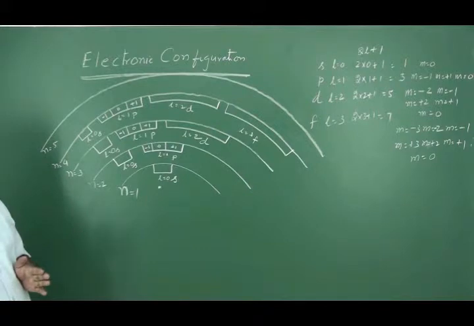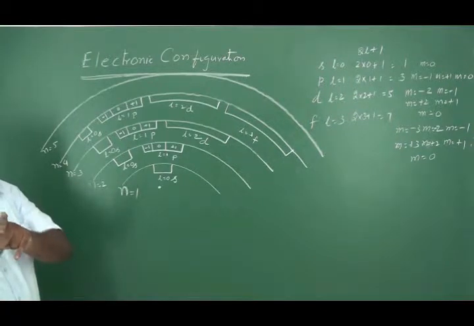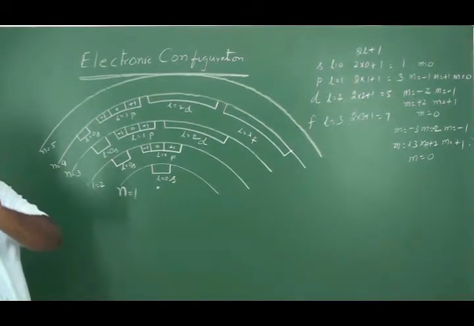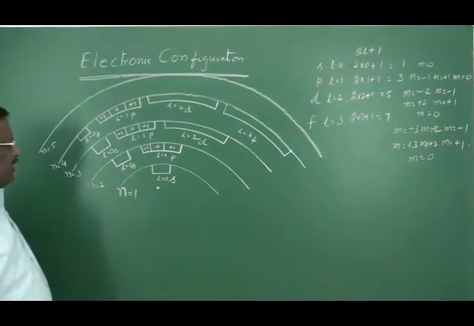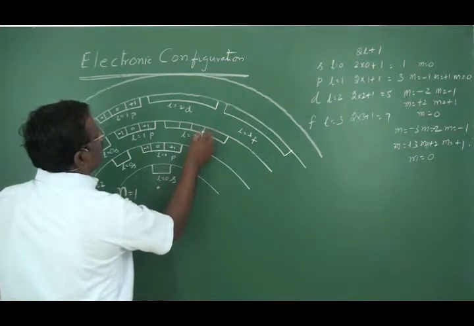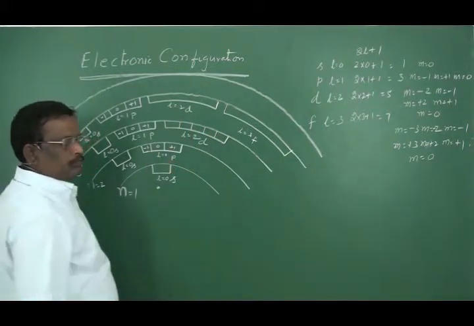Now, if you take D sub-energy level, its L value is 2. So the maximum number of orbitals that can be present in that sub-energy level is equal to 2L plus 1, that is 2 into 2 plus 1, that is 5. So in D sub-energy level, we have 5 orbitals, 1, 2, 3, 4, 5.